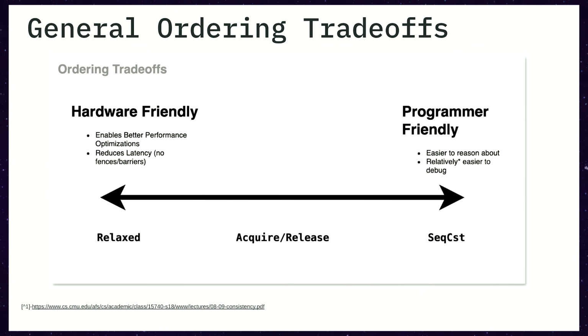The compiler and the hardware know they can do a lot more optimizations with this, so long as they ensure that relaxed ordering is followed. With acquire-release, that is our bread and butter for synchronization, and I'll talk about those in a second. And then with sequential consistency, we come back and allow the programmer to, quote unquote, more easily reason about the code they're writing, because everything is sequentially consistent. Now, I think sequential consistency is also pretty tough, but we'll see why in a second.